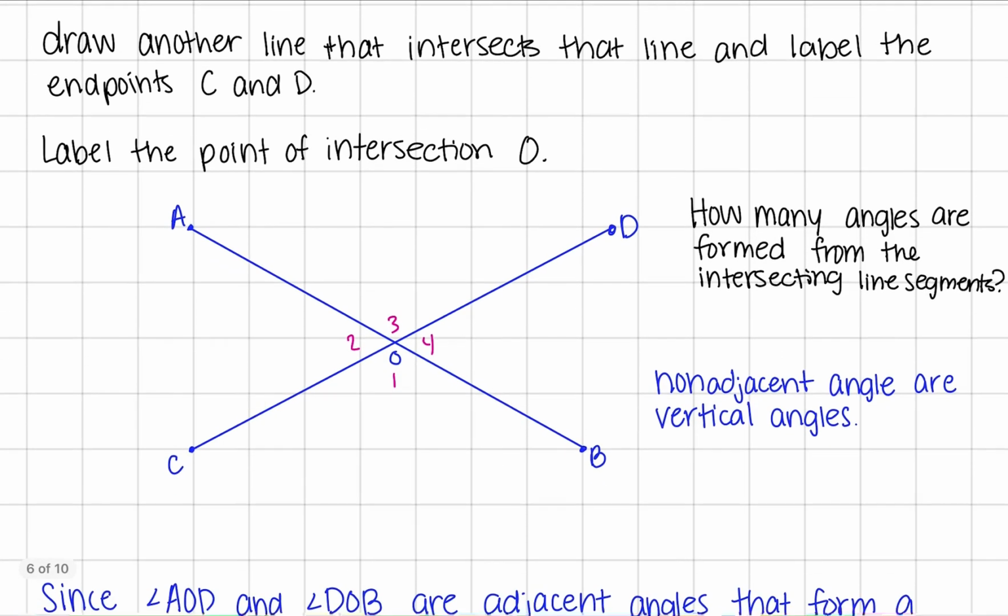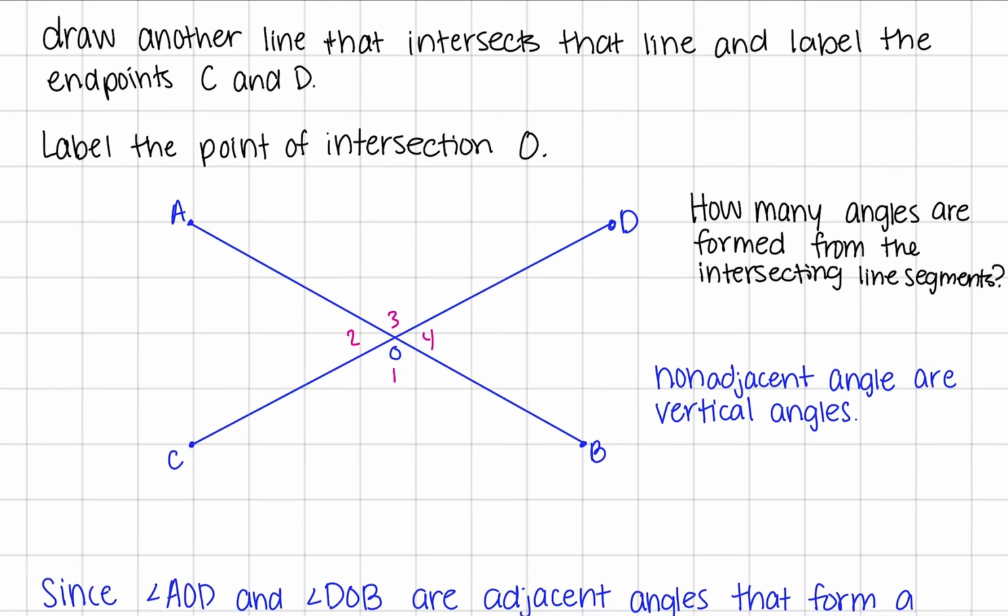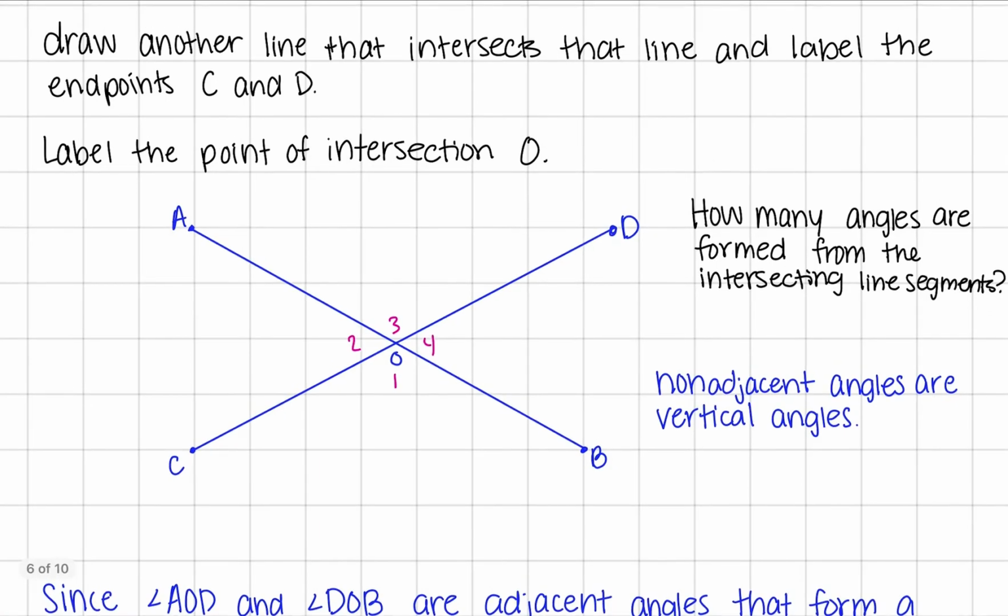So the non-adjacent angles are vertical angles. We have angle AOD and angle COB, and we have angle AOC and angle DOB.